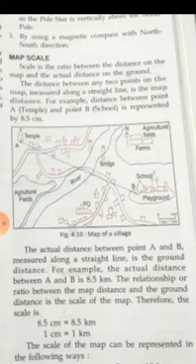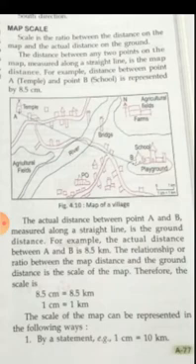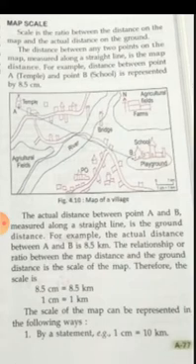So therefore, the scale is 8.5 centimeter equal to 8.5 kilometer, and 1 centimeter equal to 1 kilometer. The scale of the map can be represented in three ways. The first one is by statement, for example 1 centimeter is equal to 10 kilometer.